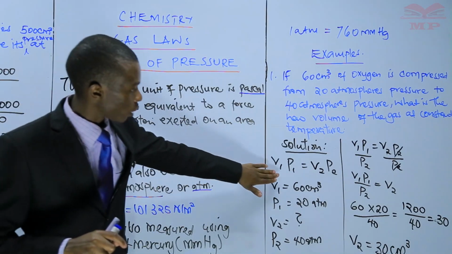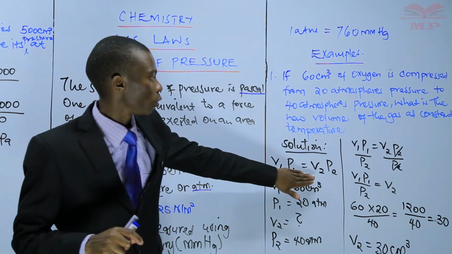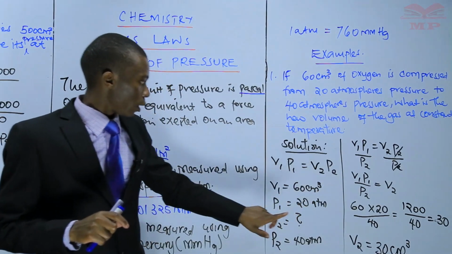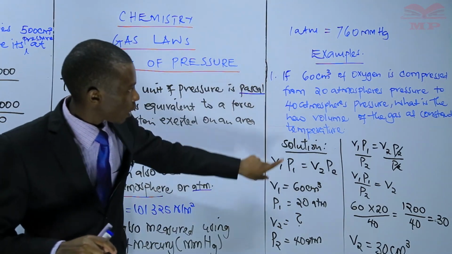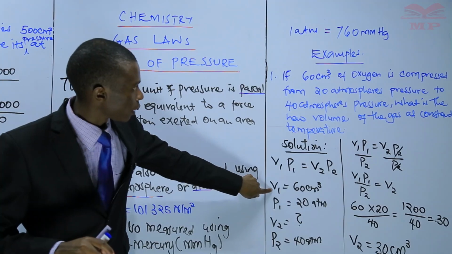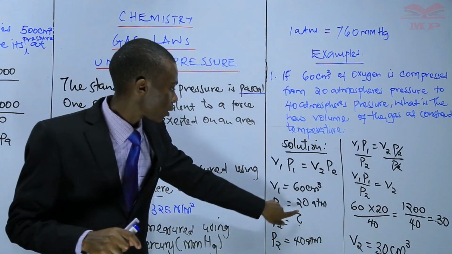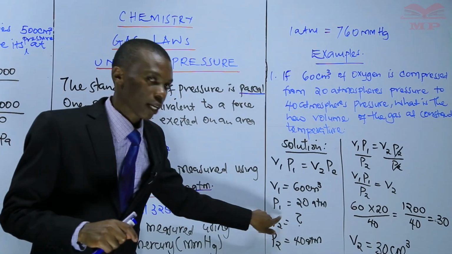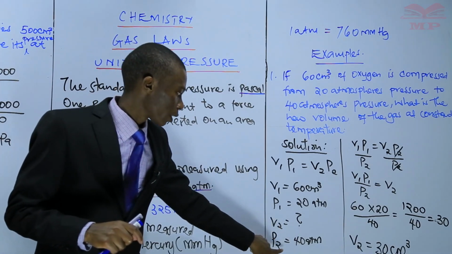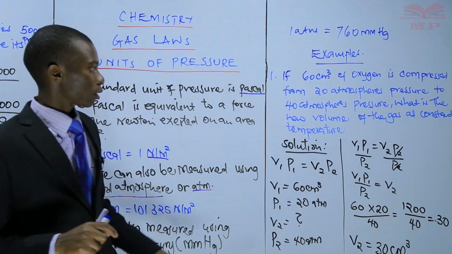And we have our expression V1 P1, which is equal to V2 P2. Then from the question we have isolated: V1 is 60 centimeters cubed, P1 is 20 atmospheres, V2, this is what we are calculating, and P2 is 40 atmospheres.